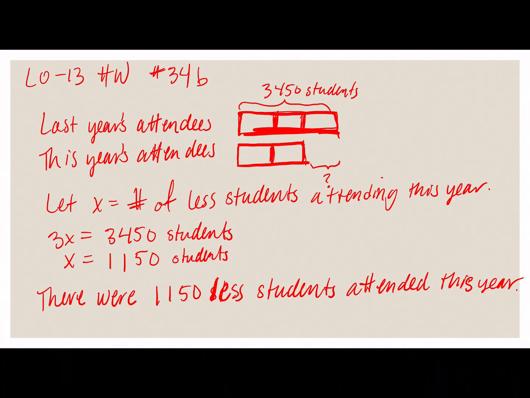Okay, so I have my bar model with my question mark. My x equal to something. I need to say what my variable is equal to with respect to the context or the part of the problem. I have my arithmetic and my answer in a sentence. So 4 points there.